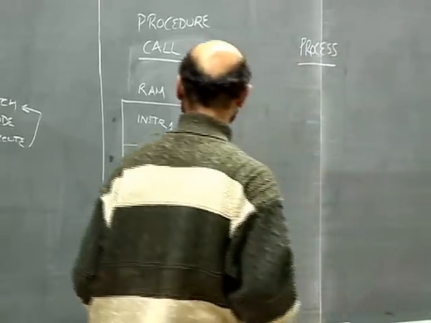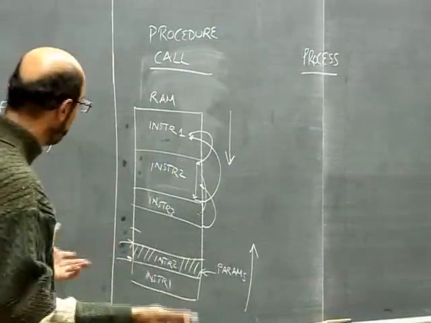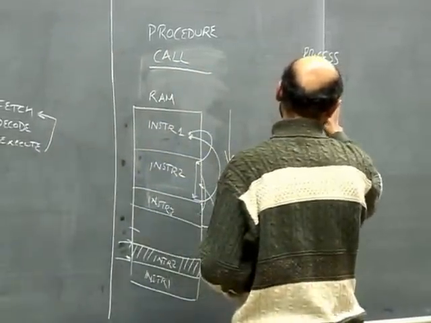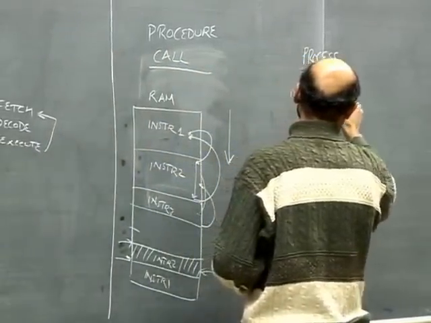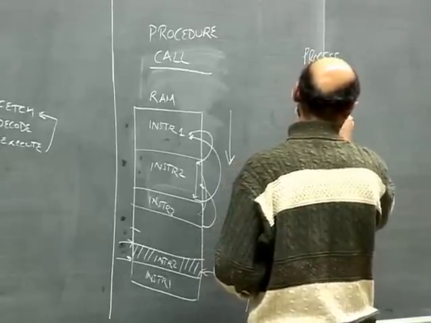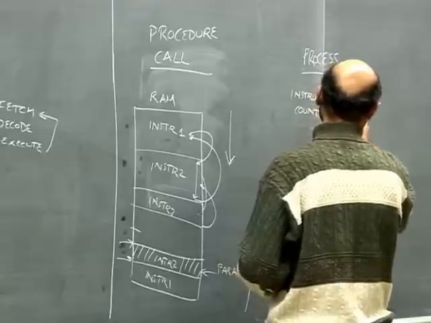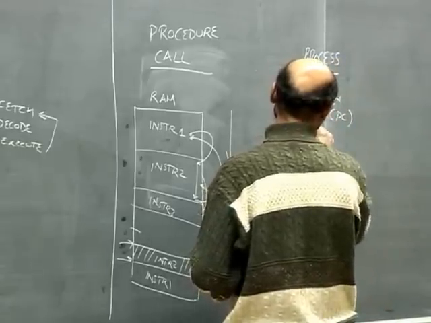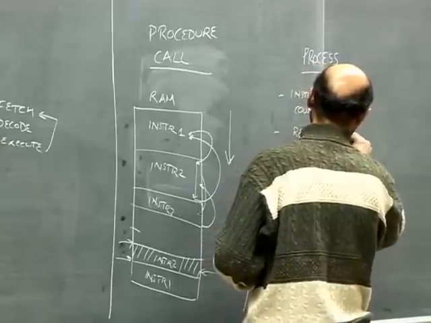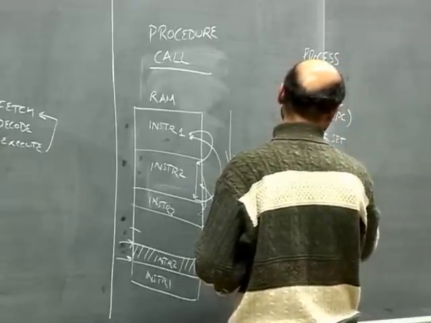A process, sort of by definition, is the instruction counter, which is also called the program counter. It's the register set, and then it's the memory state.